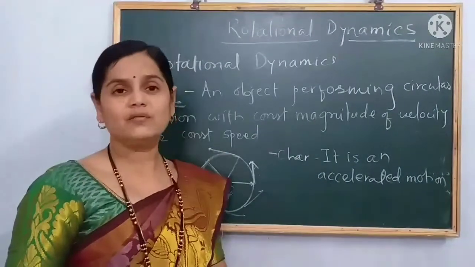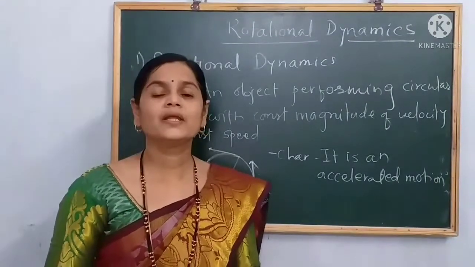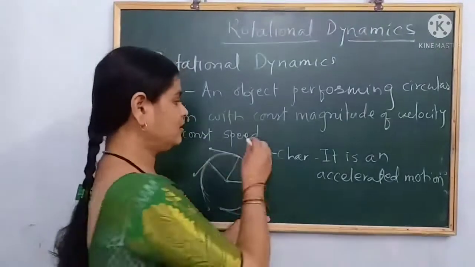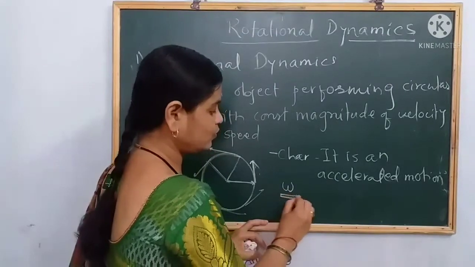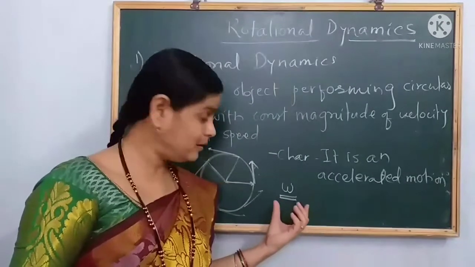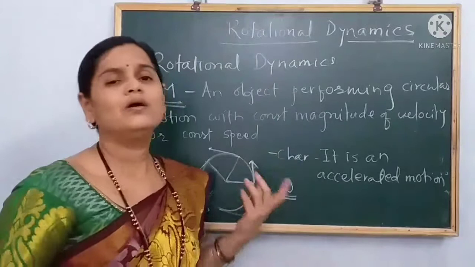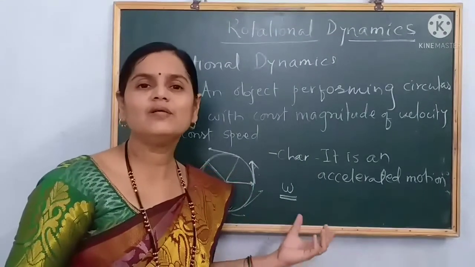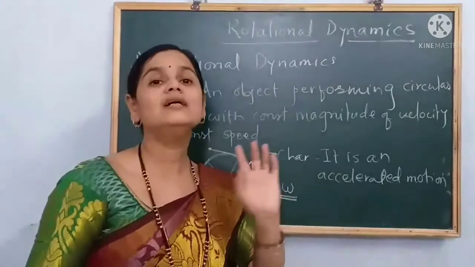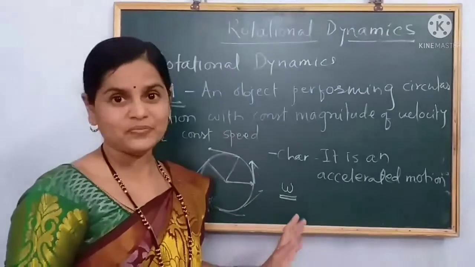This is about the linear velocity. What about the angular velocity in case of uniform circular motion? In UCM, the magnitude of angular velocity omega remains constant, and the direction of angular velocity is always perpendicular to the plane of the circle, so it also remains constant.